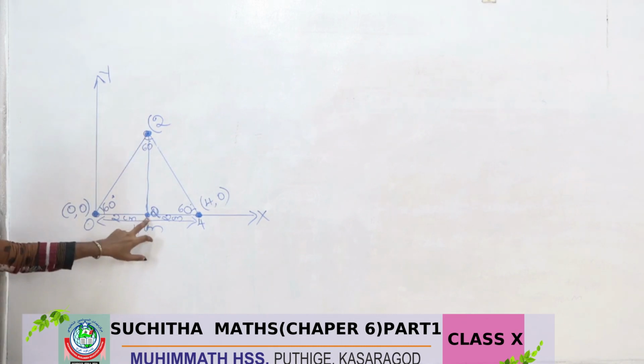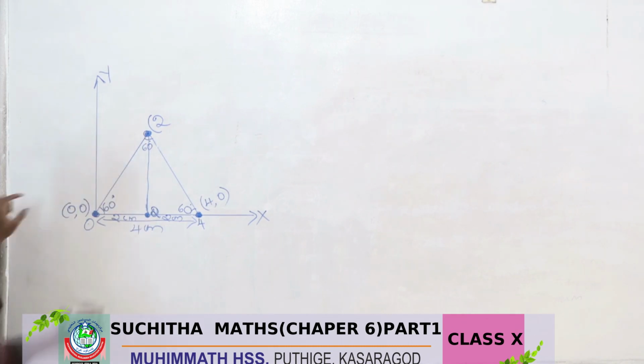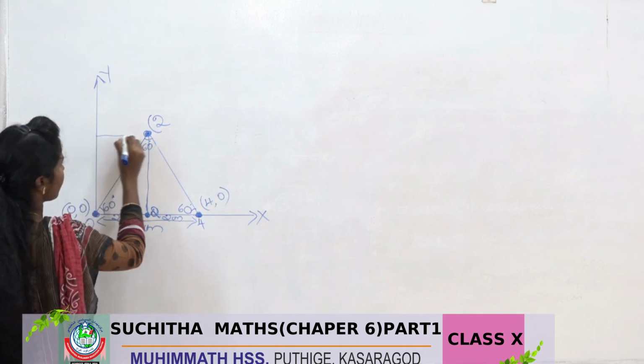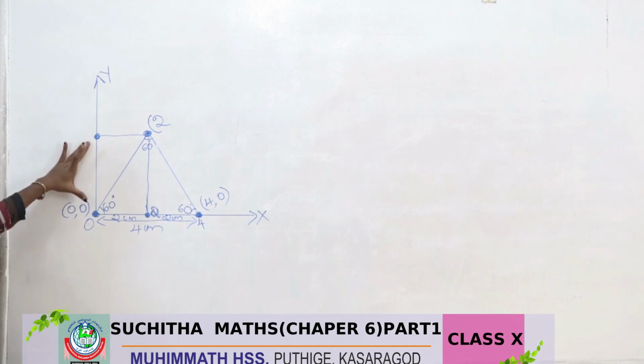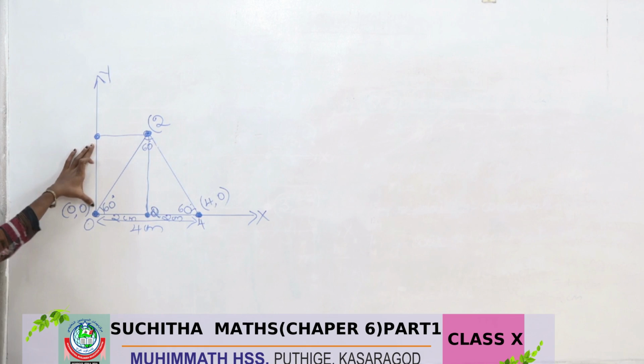Then what about y coordinate? This length is not given, isn't it? So we have to find out this length by using the ratio method. In 5th chapter we learned ratio method.